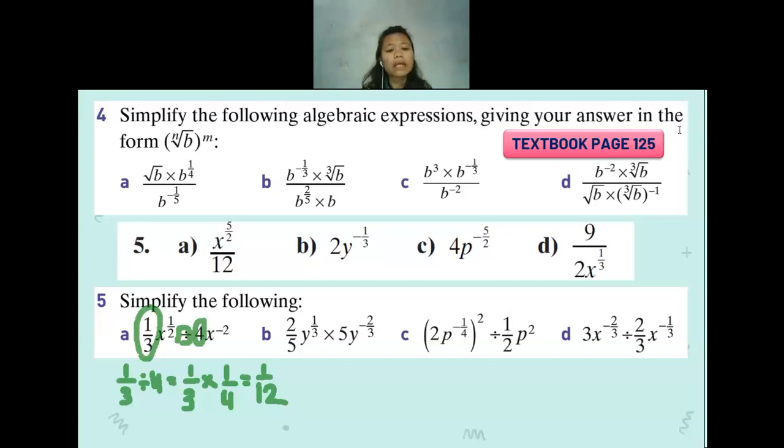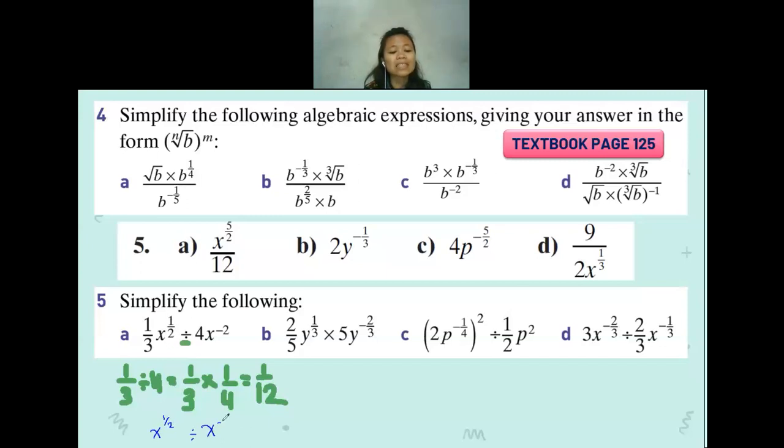Okay. After you're done simplifying the numbers, now you are going to simplify the letters. What letters do you have? We have x to the power of a half. So now we simplify: we have x to the power of a half divided by x to the power of negative 2.